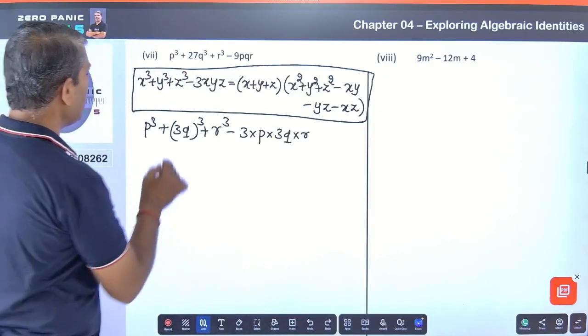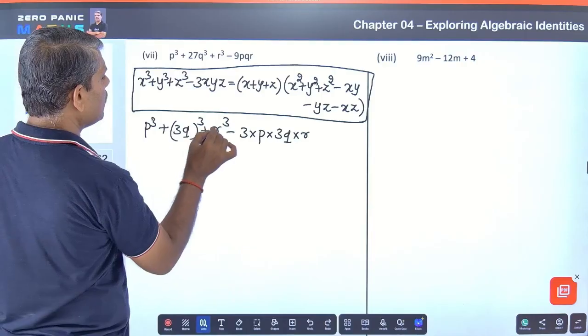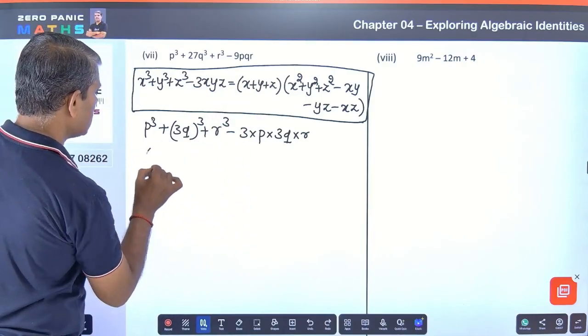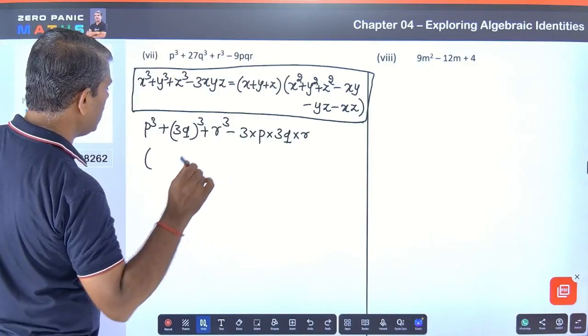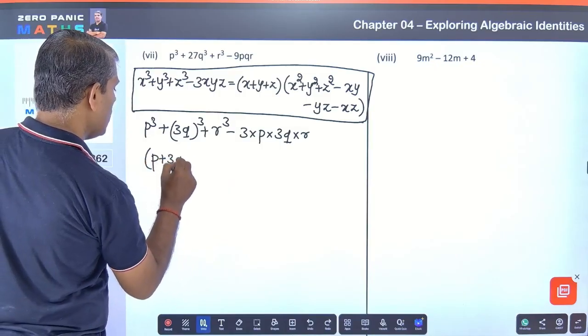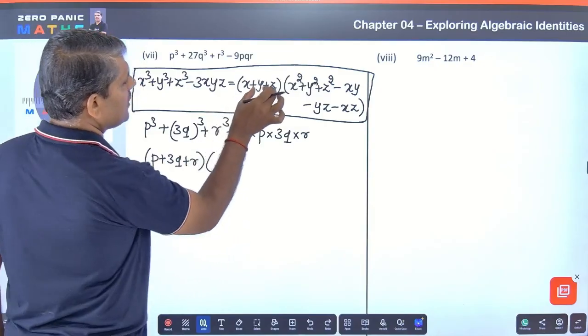Understood this? Now let us have the values of x as p, y as 3q, and z as r. Let us substitute those into this expanded version. Do it carefully. It is p plus 3q plus r in one bracket, that is x plus y plus z.